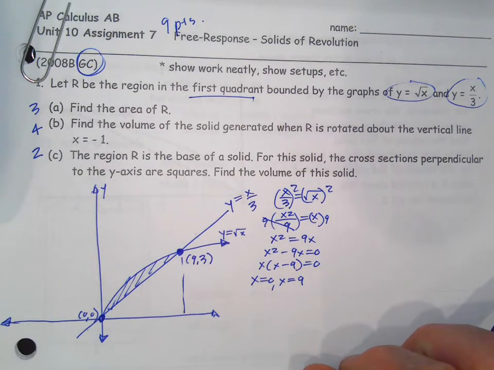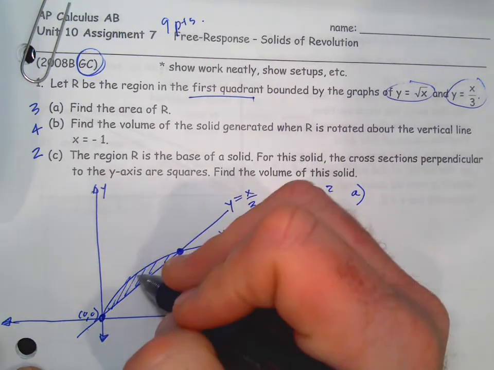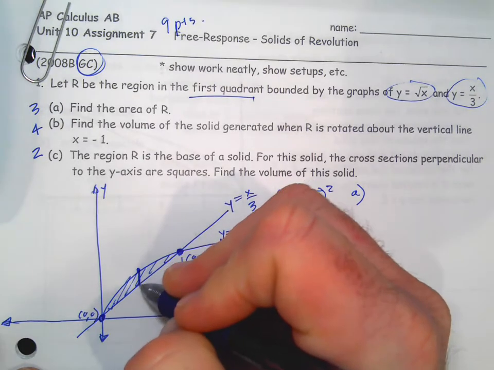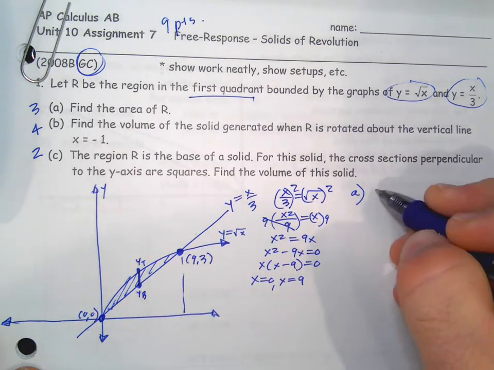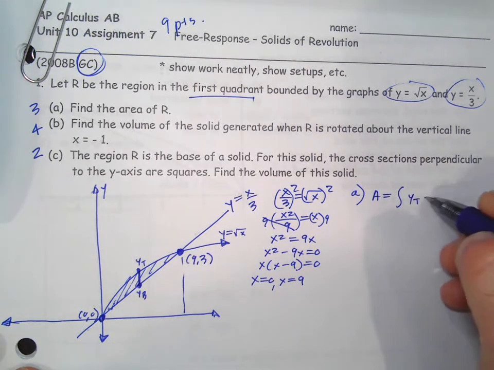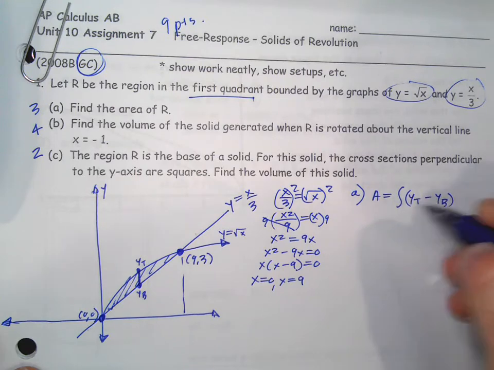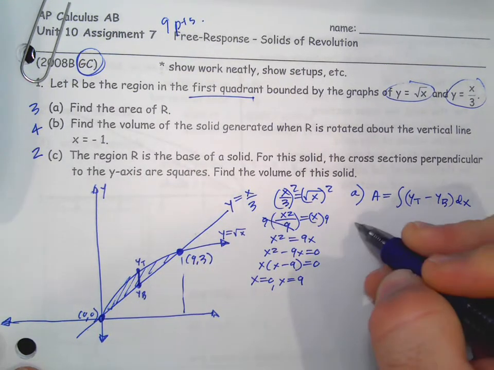Now, part A, we're going to just find the area. So, do we do vertical slices or horizontal? I'm thinking vertical is going to be your best bet. And the area is going to be y top minus y bottom. Not that you have to write this, but that's the length of the slice. And then the width of the slice is dx.